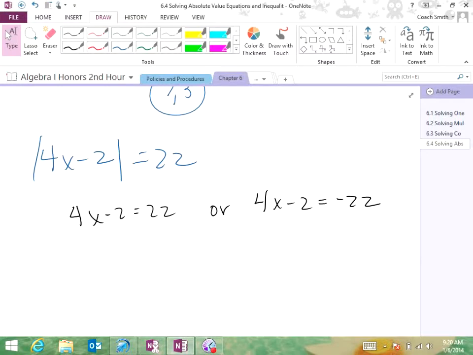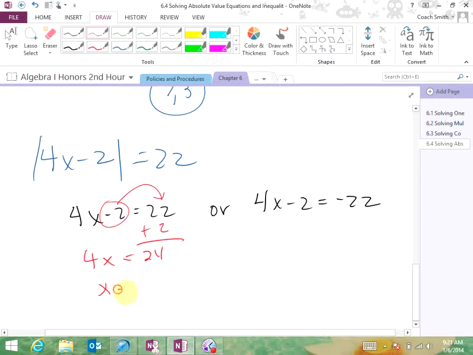Now we just solve it. Take this 2 over there, and you're adding 2. That would be 24. So it's 4x equal 24, which means x would be equal to 6.